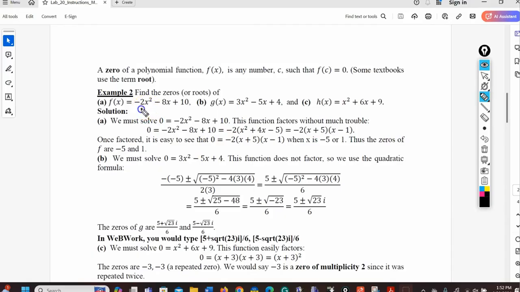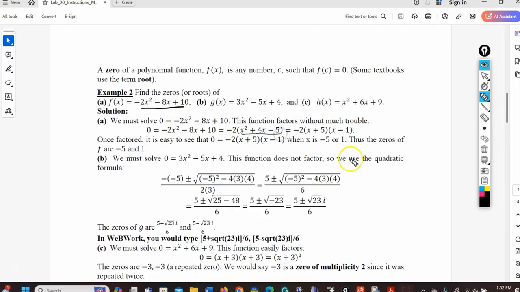So let's find the zero of our first function. The three functions I'm looking at with their graphs are the same throughout. So you set it equal to 0 and solve it for x. Fortunately, this factors without too much trouble. You could always use the quadratic formula here, but I prefer not to if I can factor it. They're all even numbers, so they're all divisible by 2, and the leading term is a negative number, so I just pulled out a -2.